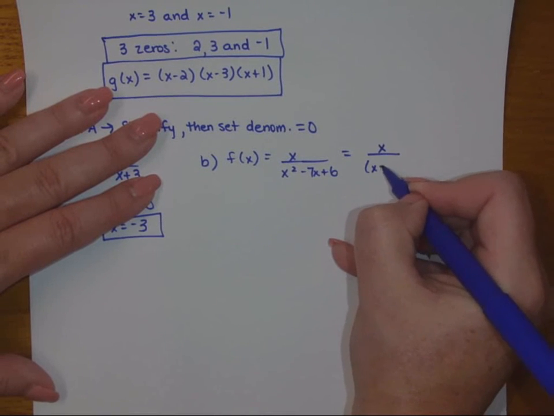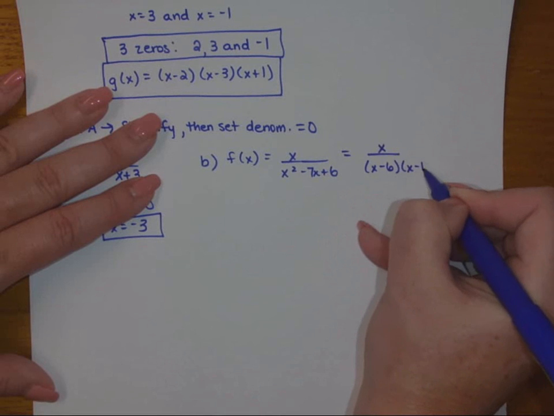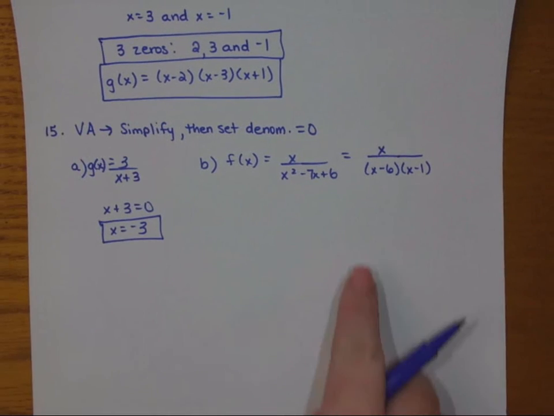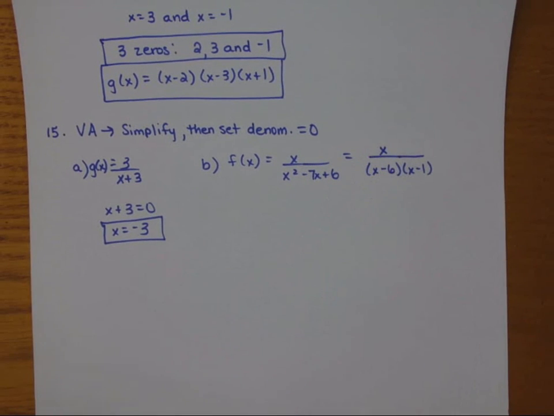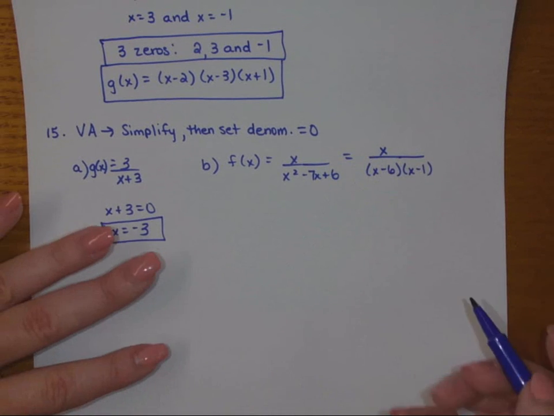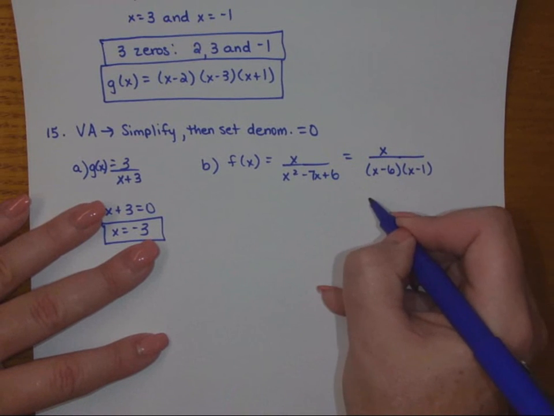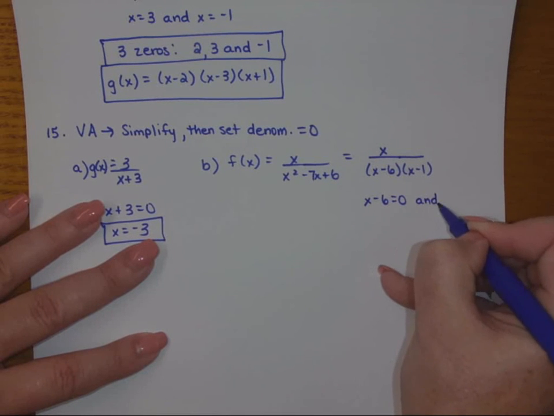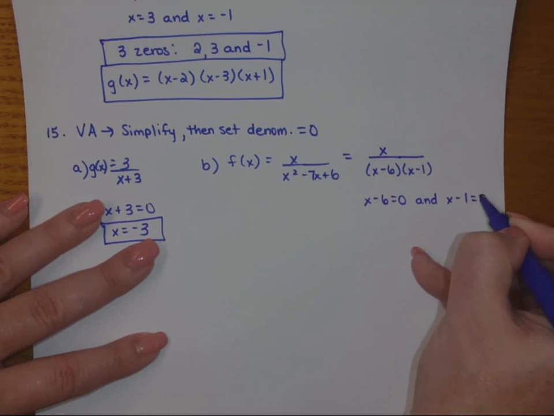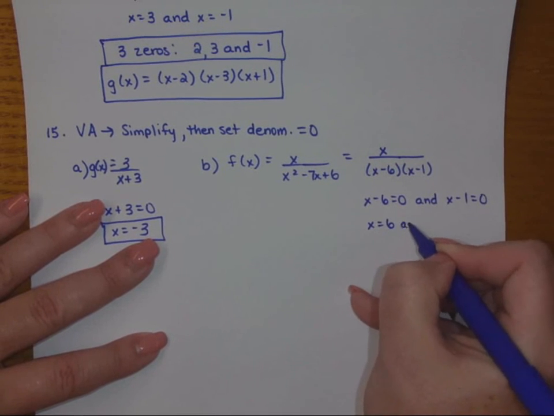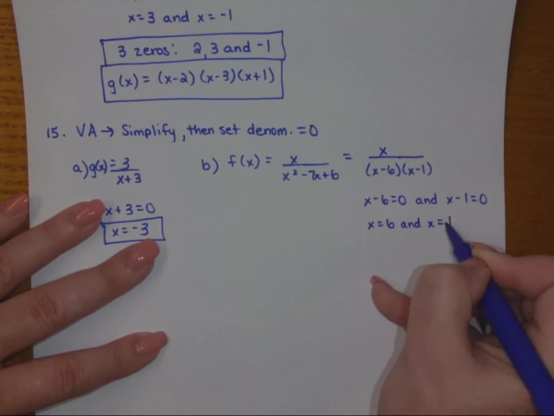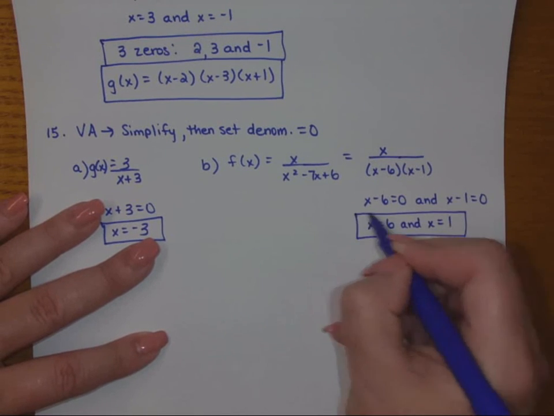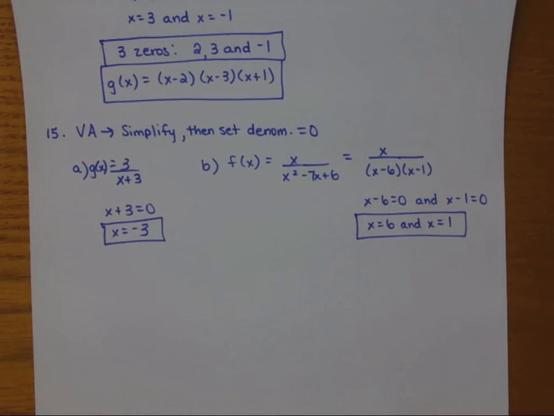Note this factors into x minus 6, x minus 1, which does not factor or simplify with anything on the top. So in the end, we just set the denominator equal to 0, so you just say x minus 6 equals 0, and also x minus 1 equals 0. So you get x equals 6 and x equals 1. And again, write it as x equals. Don't just write the numbers themselves.